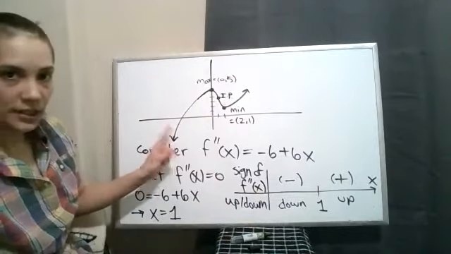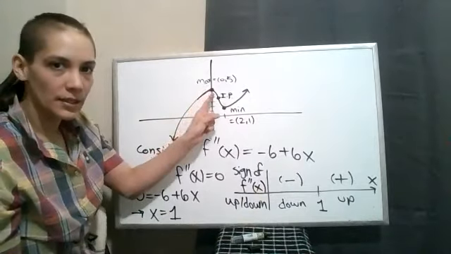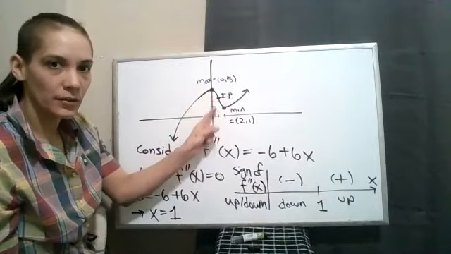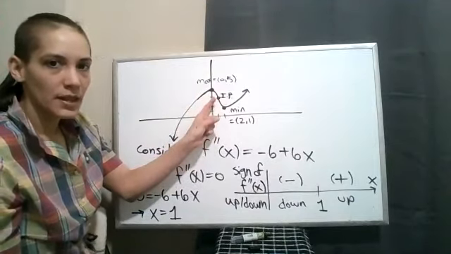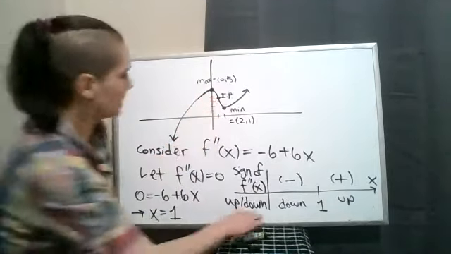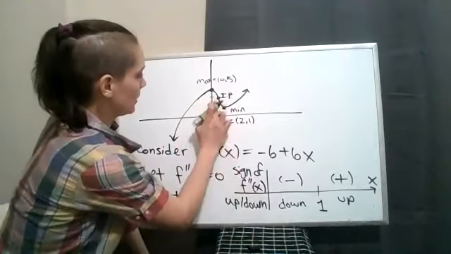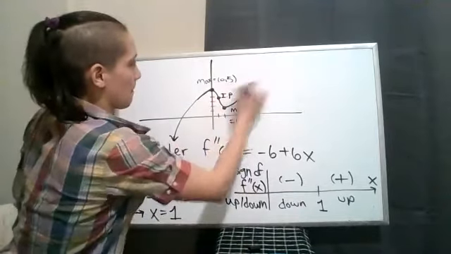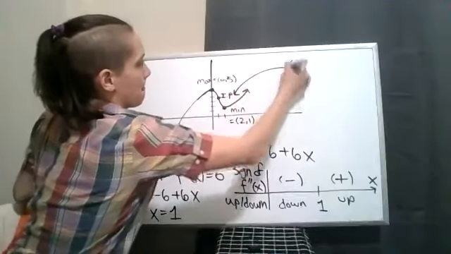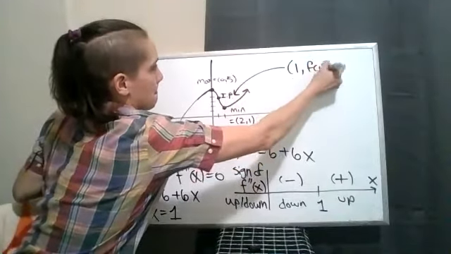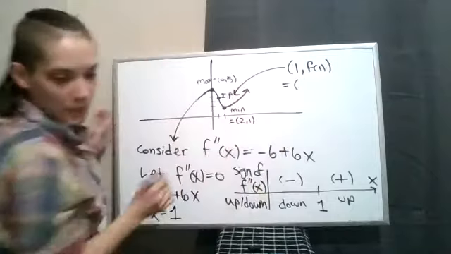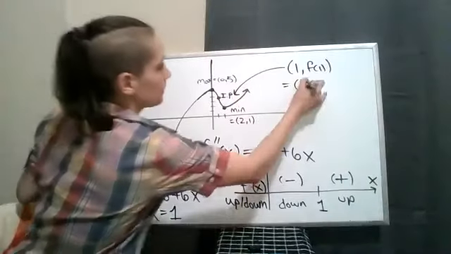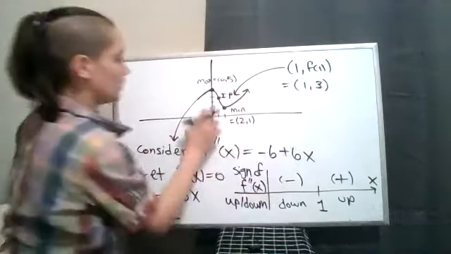So if you look at the function, we're concave down till right at this point here, 1 comma f of 1, which for me is at (1, 3).